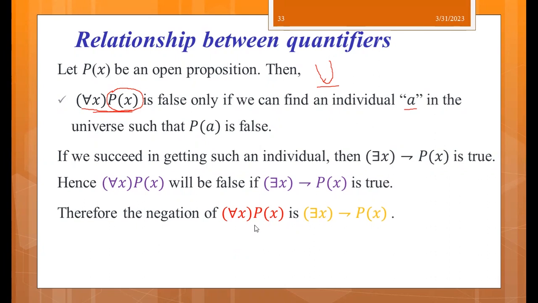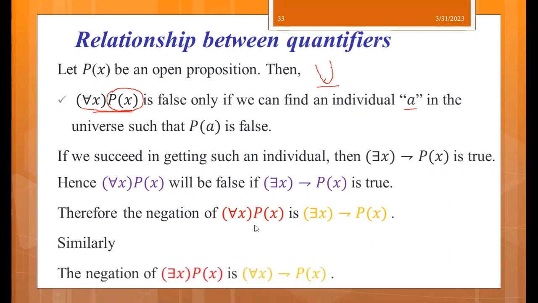That means that these two are opposites, or simply one is the negative of the other. Similarly, the negation of for some x, or for at least one x, p of x is for every x, the negation of p of x.